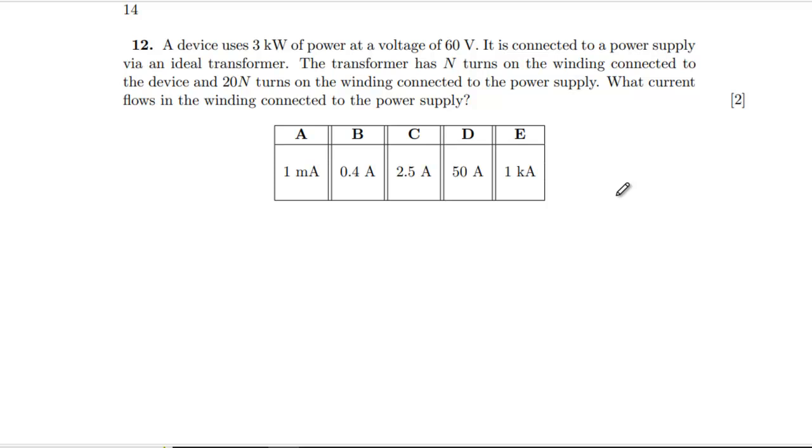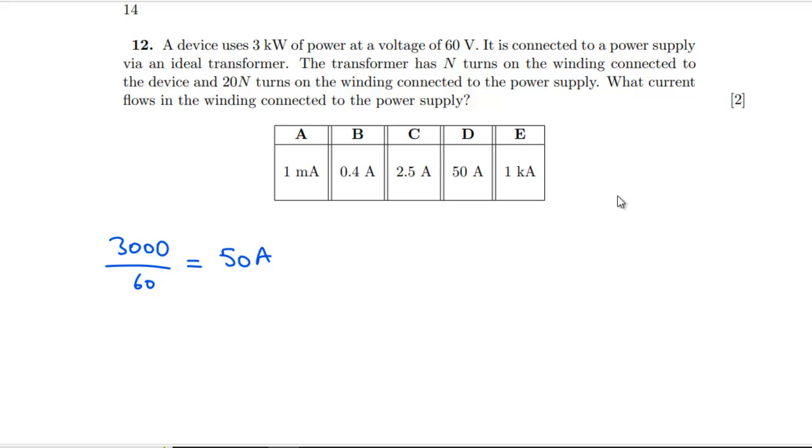Question 12, which I think is going to be the last multiple choice one. It usually is. The device uses 3 kilowatts of power at a voltage of 60 volts. Right, so we've got 3000 watts divided by 60 volts, that's going to give us the current, which is going to be 50 amps. It is connected to a power supply via an ideal transformer.